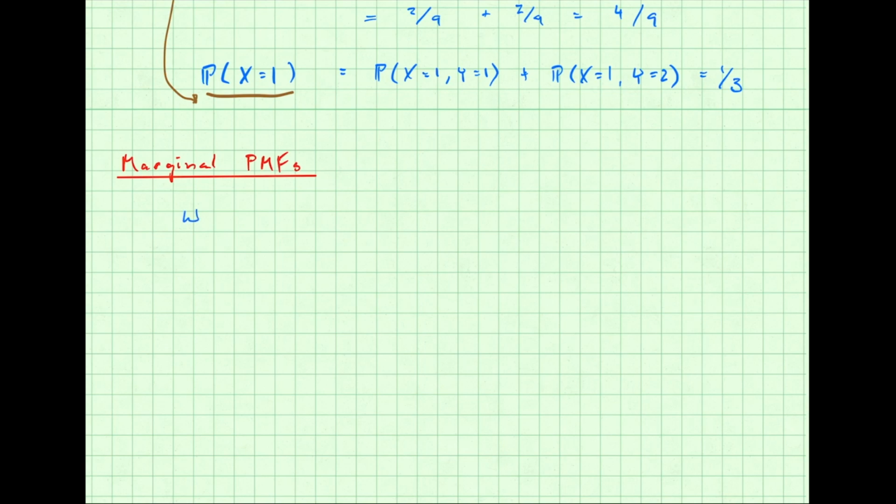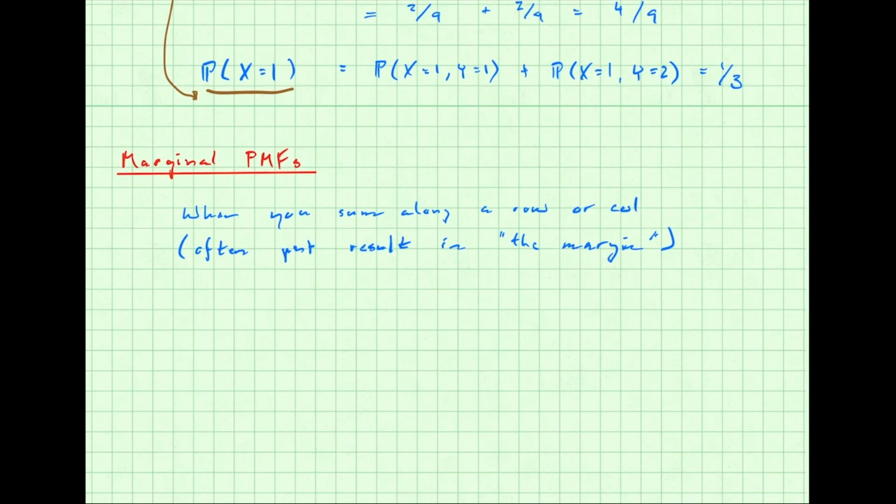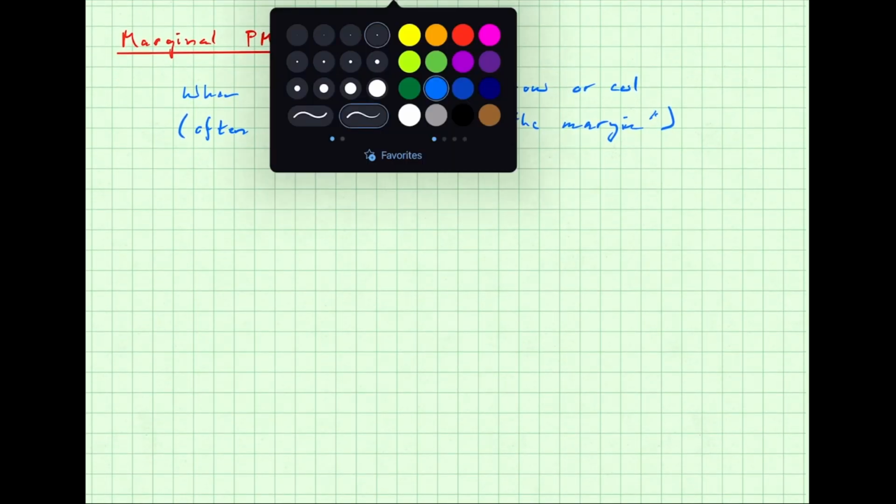So we'll say that on the side: when you sum along a row or a column, you often put the result in what we call the margin, or on the edge. Okay, so that's where that name comes from. We'll define it here, and then you'll see that it really is just what we were talking about.